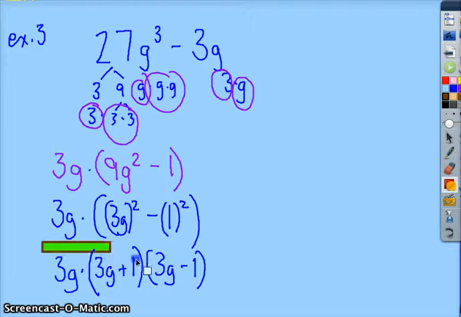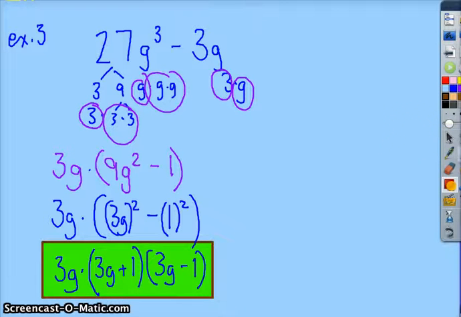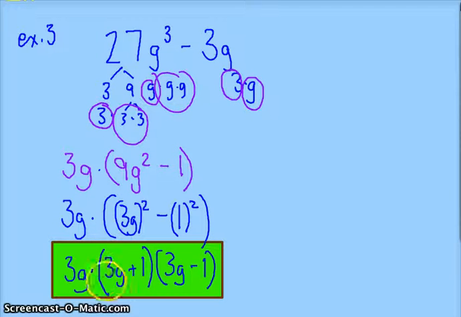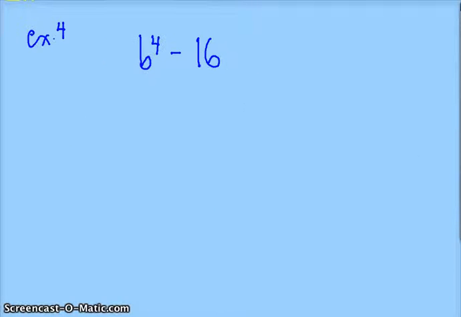So a little more difficult, but we're still using our knowledge of a plus b times a minus b. 3g times 3g plus 1, 3g minus 1. Let's look at a little more difficult one. Okay, this one I can see, 16, that's a perfect square. That's no problem. But what about this piece here? Remember, it's always a good idea to start by saying, okay, what something squared gives me b to the 4th?